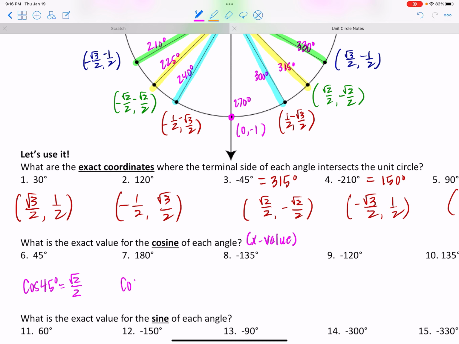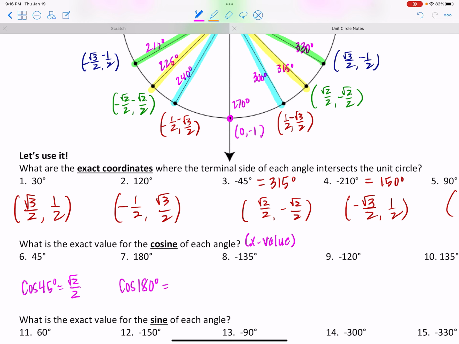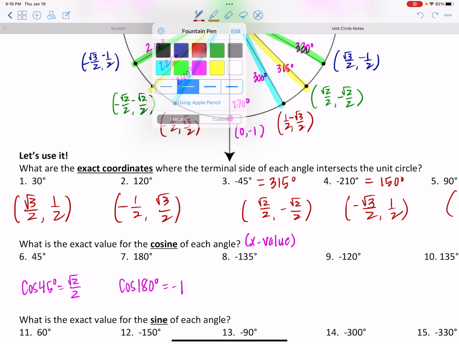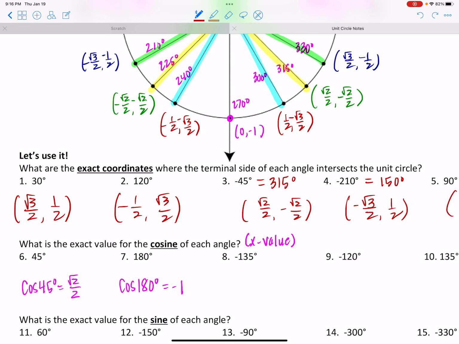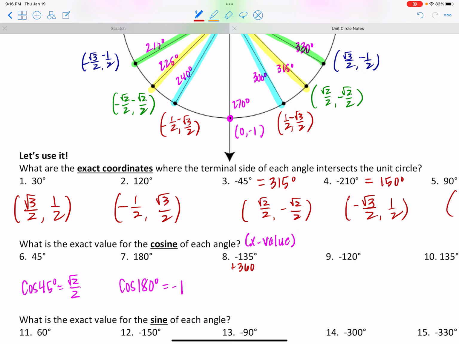If I said what's the cosine for 180 degrees? Again, I go to 180 degrees, pick out the x value, there it is. Cosine for 180 degrees is negative 1. If I said what's the cosine for negative 135 degrees? Let me find the coterminal first since I didn't label this on my picture. 360 minus 135 would be 225.